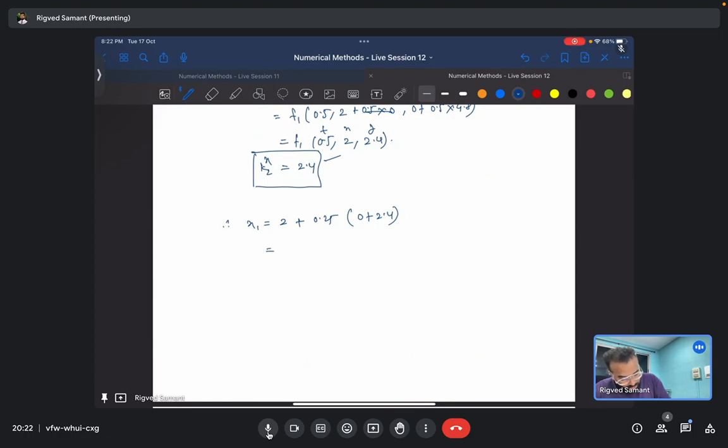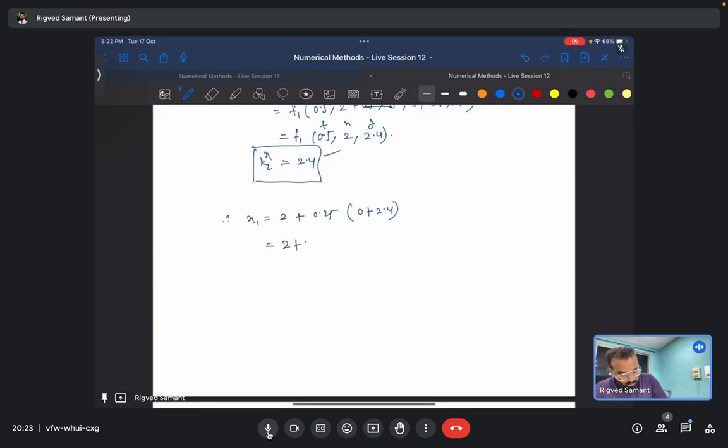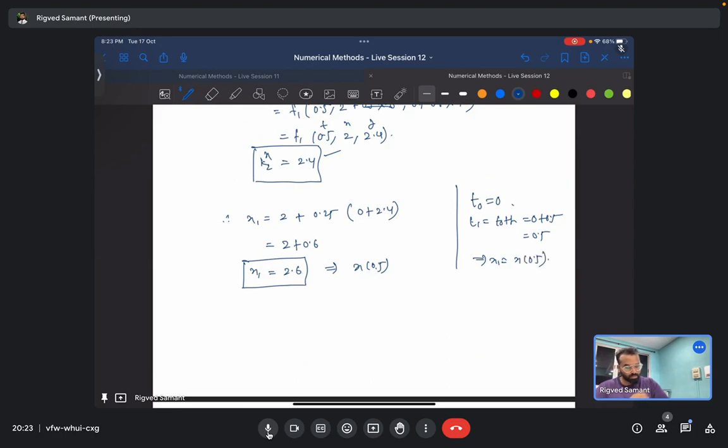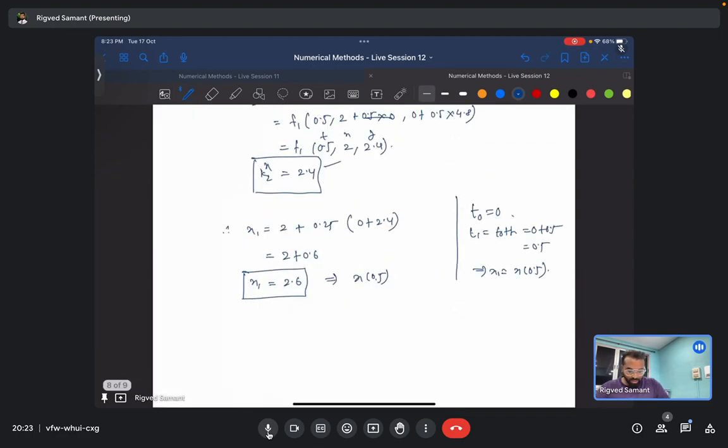So 2.4 divided by 4 is 0.6. 2 plus 0.6 is 2.6. And that is nothing but x of 0.5, because t0 is equal to 0, t1 is equal to t0 plus h, that is 0 plus 0.5, that is 0.5, which implies x1 is equal to x of 0.5. Any problem?